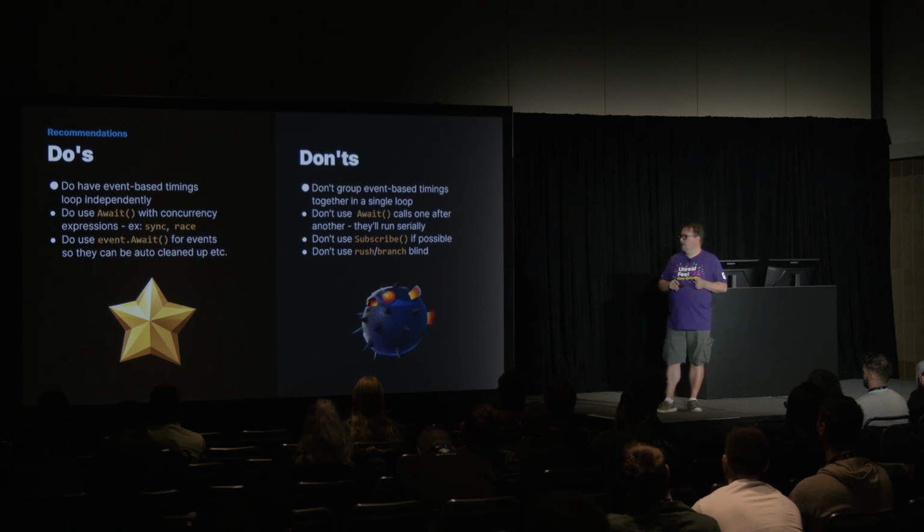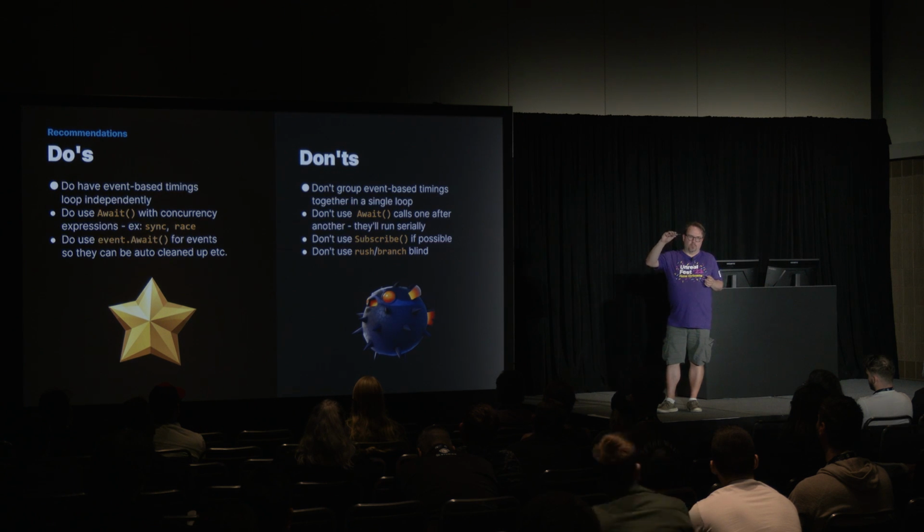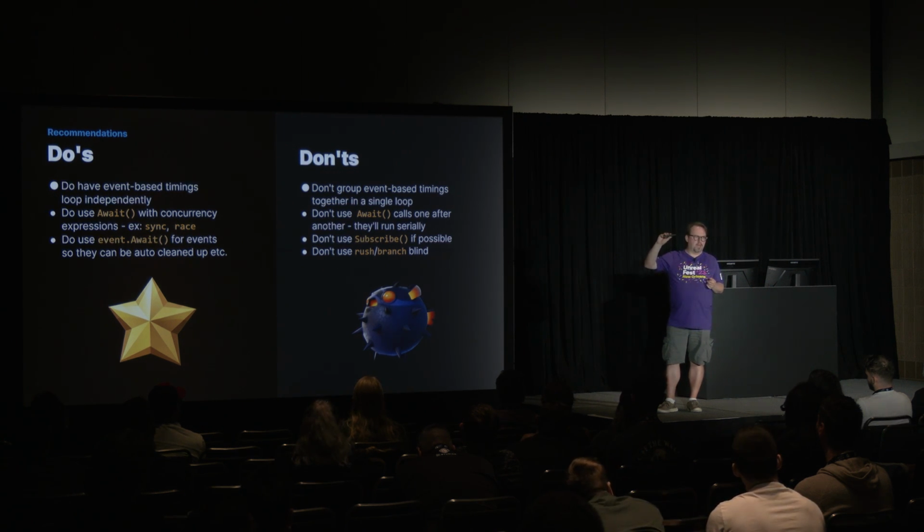Another thing I've seen in people's code from their examples is that when they don't realize that things like await or other async functions will suspend until they're done, they will often just put them one after the other. Then they're surprised that they did all four of these things they were waiting for, but it seemed to take a really long time, or the second thing wasn't registering when they were pushing it.